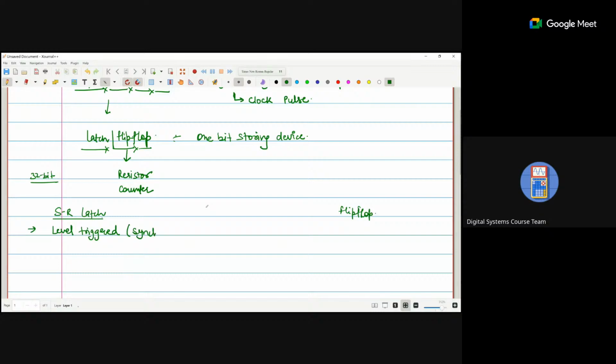Synchronization is there, but poor synchronization.